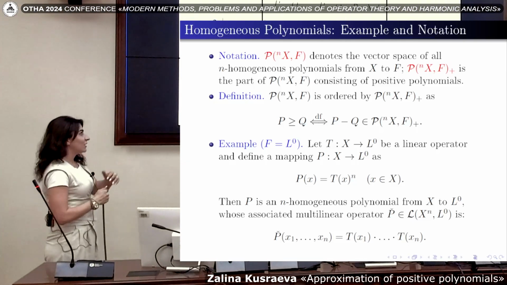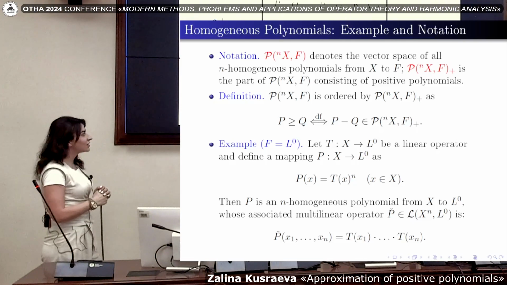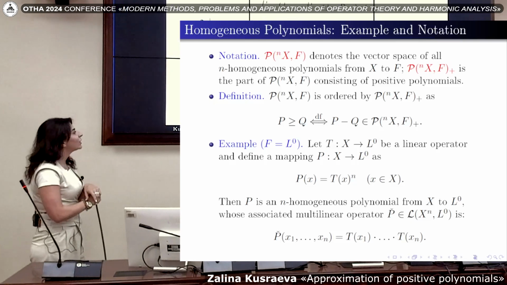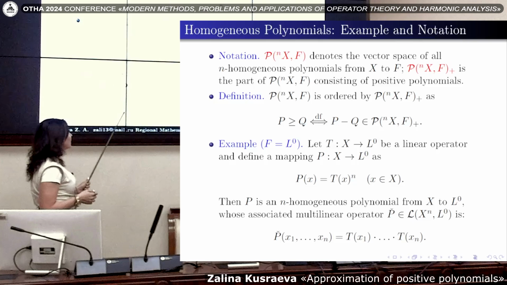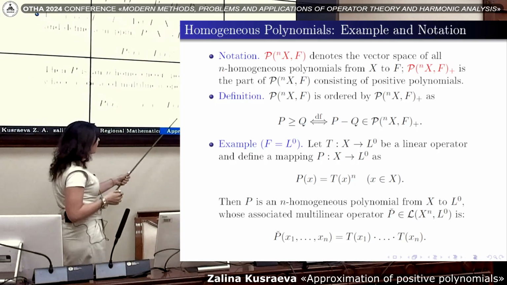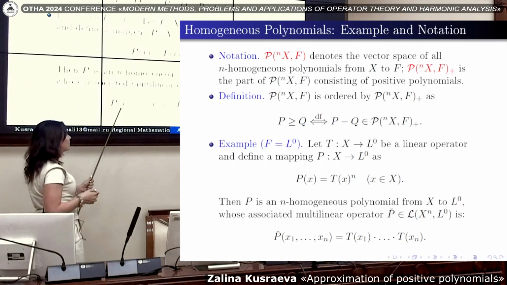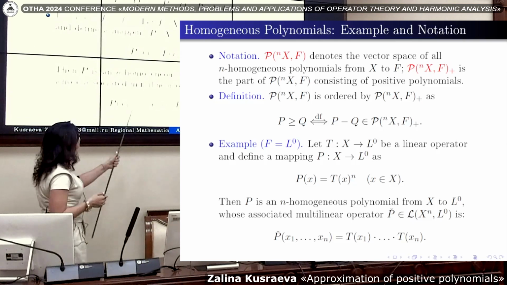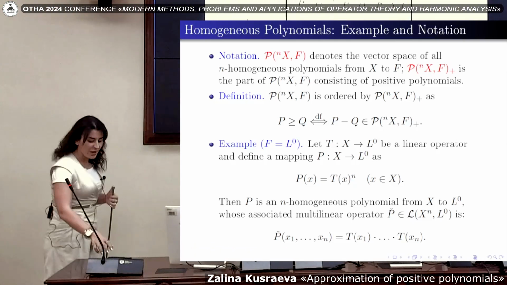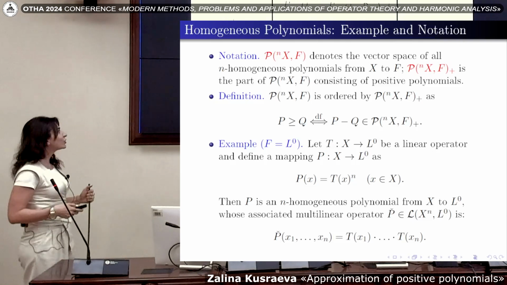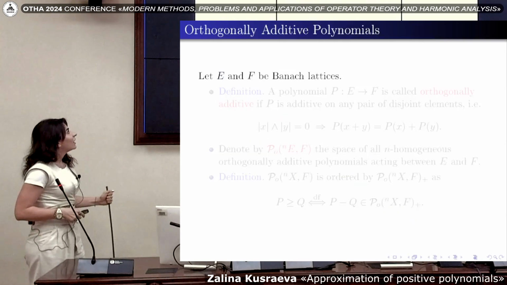So the constructed operator is a homogeneous polynomial. We can easily check this if we write the associated multilinear form and restrict it to the diagonal, we will get exactly this polynomial. So these are not so abstract notions of polynomials.